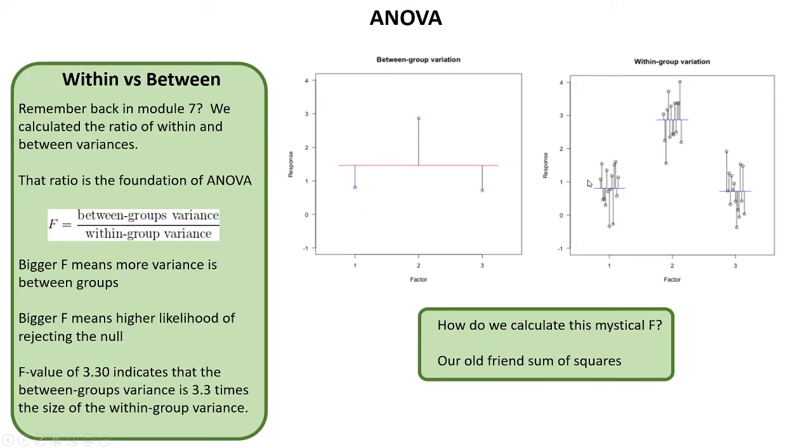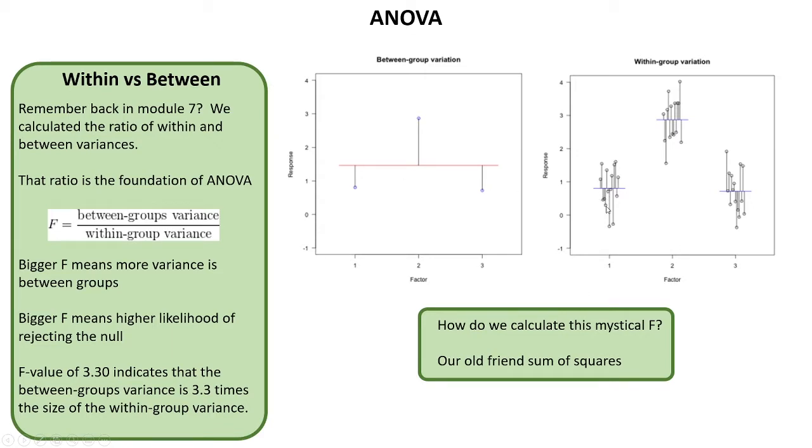If you had these three group populations, your between group variances are shown here with these black lines going to each of the means, and the within group variances are shown with these black lines going to each of the groups away from the mean of group 1, the mean of group 2, and the mean of group 3, right? So this is the distance of the means away from the grand mean, which is in red here, which is the mean of all of them.